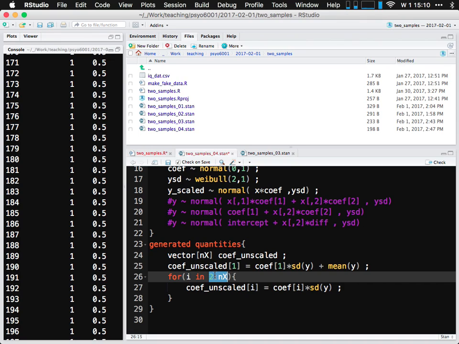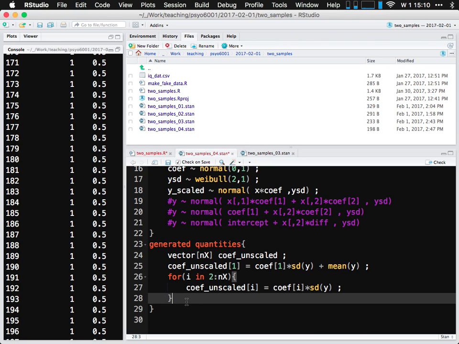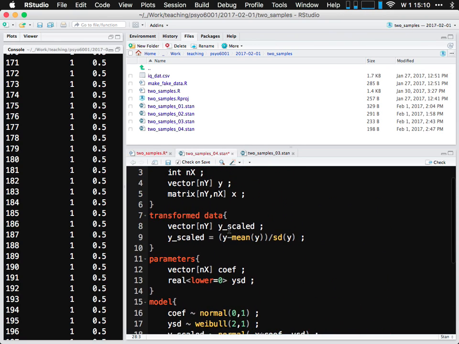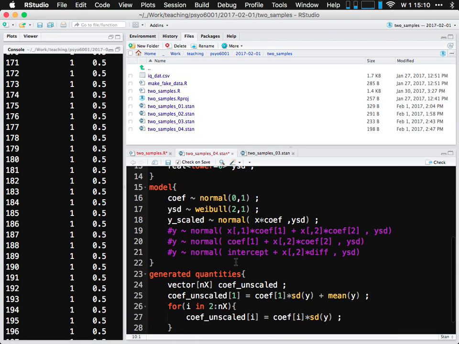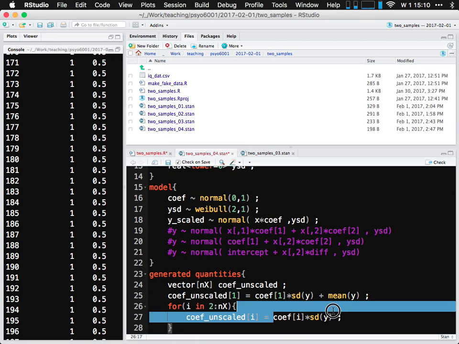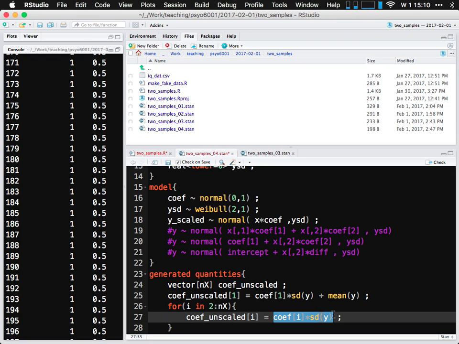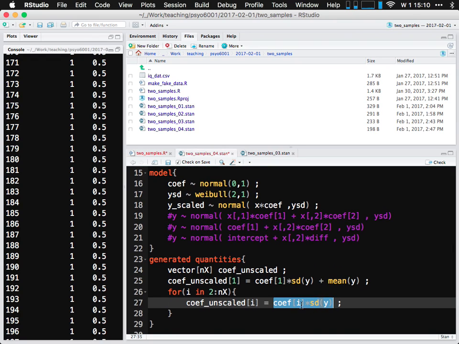And that's assuming that for all of them the conversion process is just dividing by the standard deviation. Yep, and that's what happens when we create y-scaled, all the predictors, their scale is on the y. Yeah, they get unscaled by multiplying by that standard deviation.